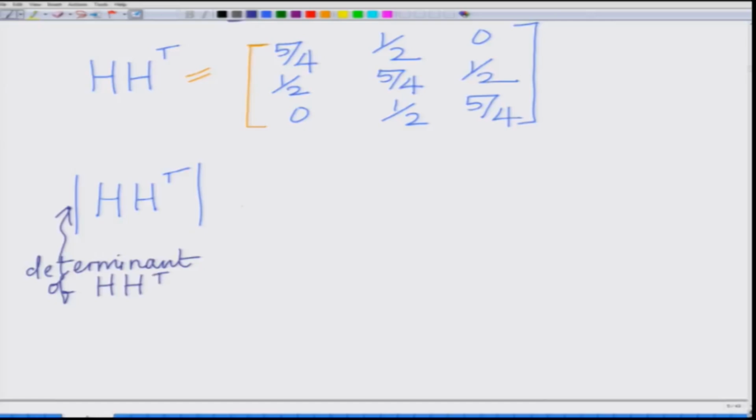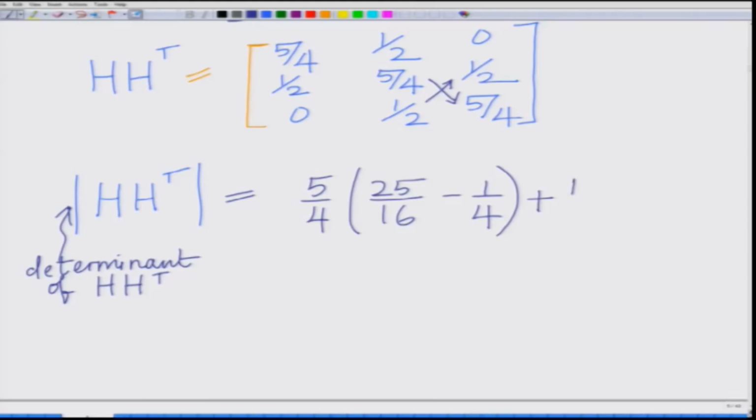You can calculate this: it is 5 by 4 times 25 by 16 minus 1 by 4, plus half into, this product minus this product, that is minus 5 by 8.